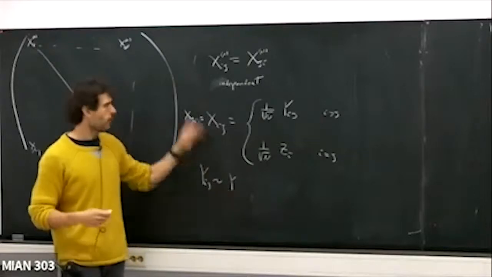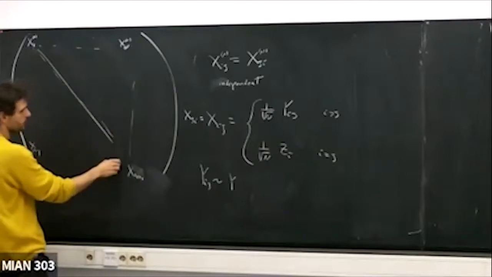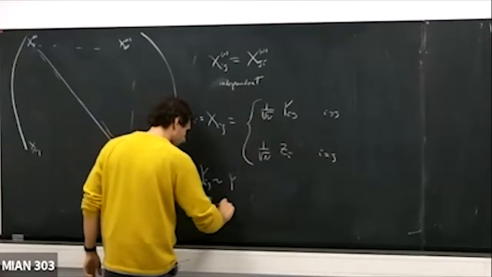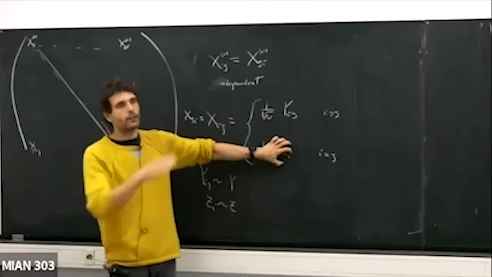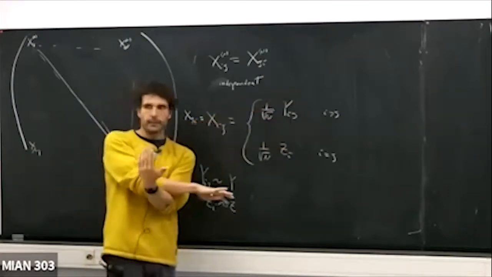And on the diagonal, there are these zi over square root of n. And off diagonal, there are these y. Also all the zi have the same distribution. So these are all IID. On the diagonal is all IID. Off the diagonal is all IID, except for the fact that they are symmetric.